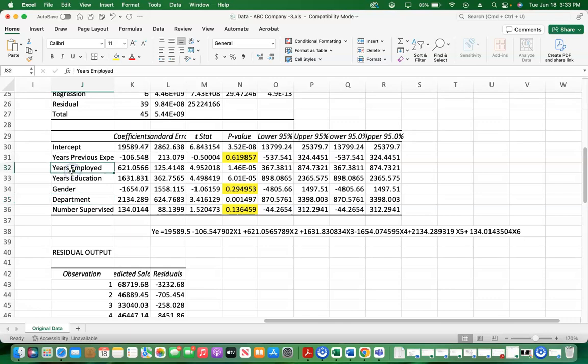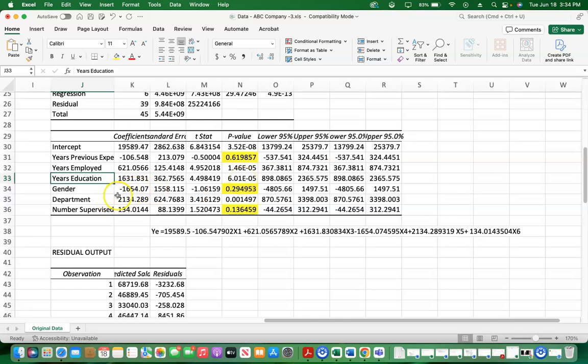So you can see, for instance, years employed that has 621.06. This value, or the slope, is significant because of the probability value. Years of education on itself, you can see it is 1631.831, and this value is significant based on the probability.